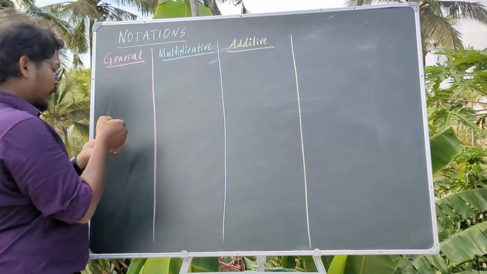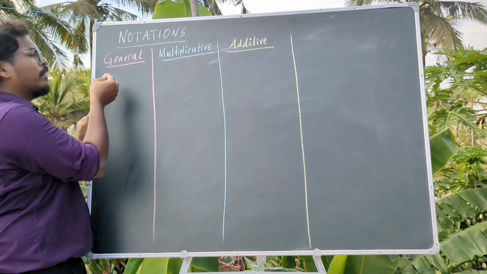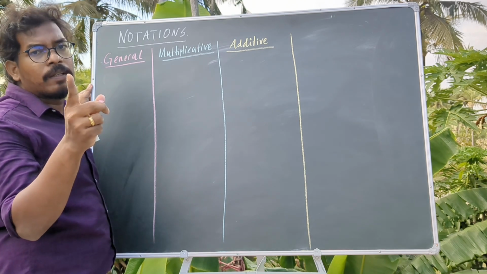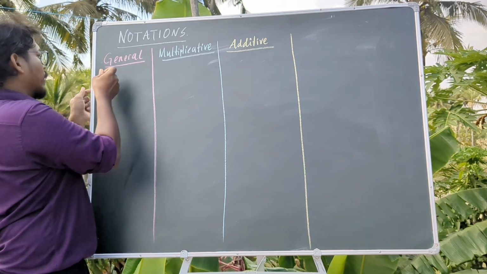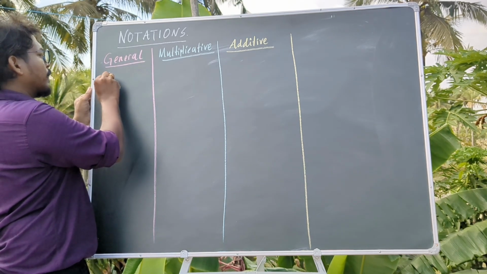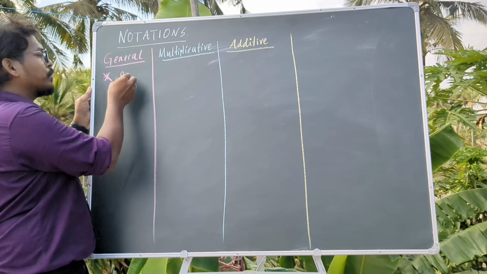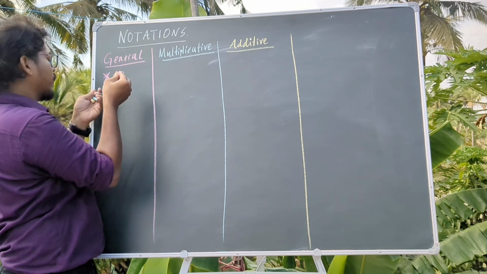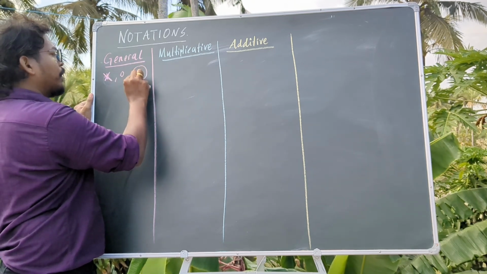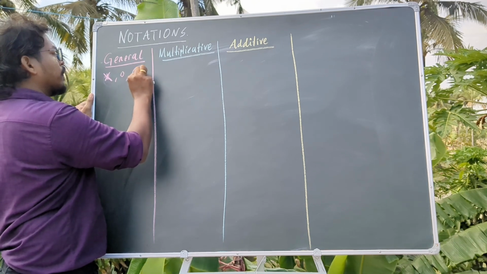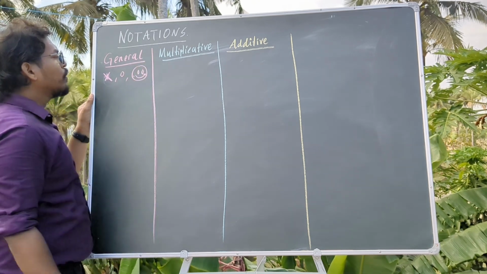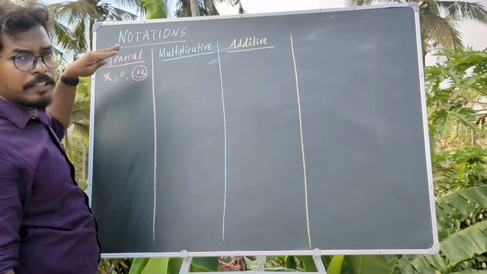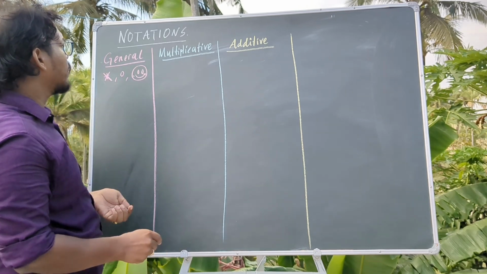First one, in general we can use any symbol. We used to use star, or we can use composition symbol, or any symbol. We can have a happy little emoji also. In general you can use any symbol for the binary operation.